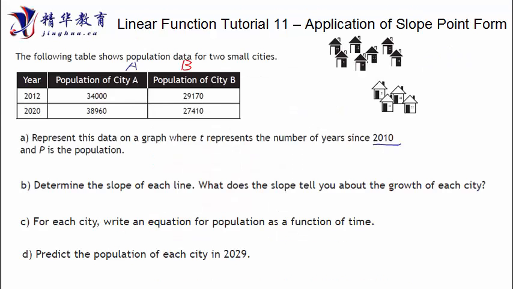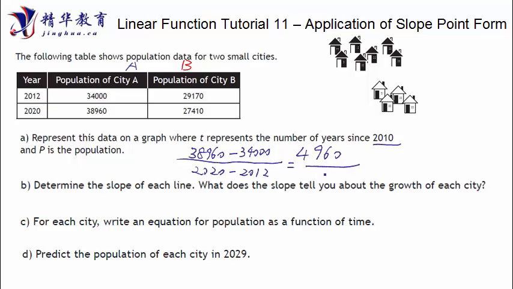The rise is the population: 38,960 minus 34,000, divided by 2020 minus 2012, which is equal to 4,960 divided by 8, which is equal to 620. 620 what? 620 people per year.